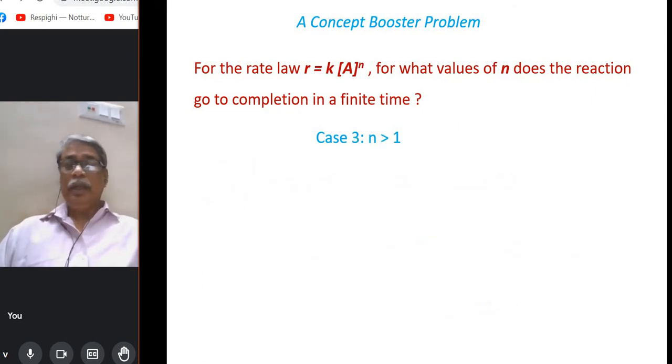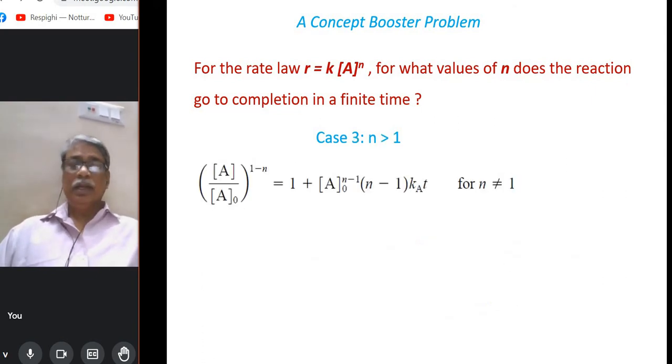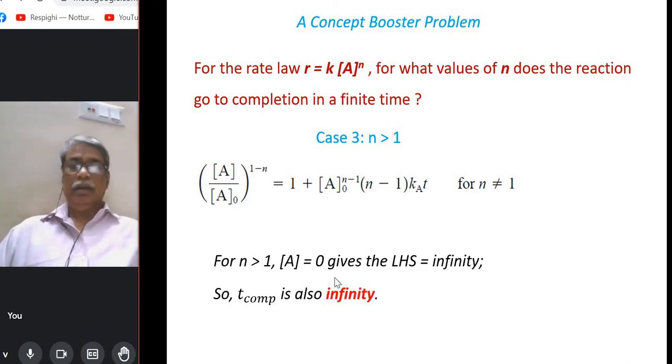Now n greater than 1. Again we start from the same starting equation, A by A0 to the power 1 minus n, and here it's a trick that for n greater than 1, 1 minus n would be a negative quantity. Now for A to be 0, 0 to the power some negative quantity means 1 by 0 to the power some positive quantity, that means 1 by 0.